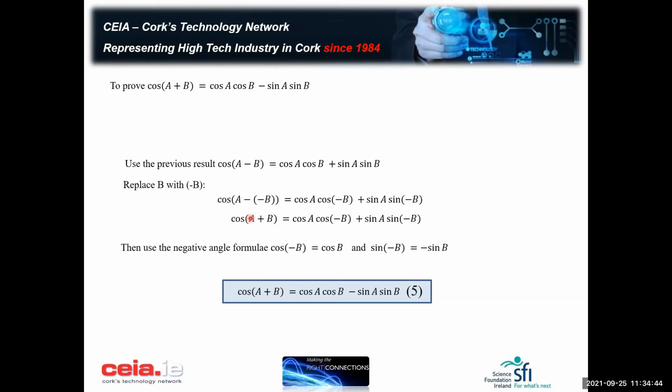And that gives us cosine of A plus B. But now the B in the original formula gets replaced by minus B. And we use the fact that the cosine of minus B is the same as cosine of B, but the sine of minus B is minus the sine of B. So that this becomes cos A cos B minus sin A sin B.